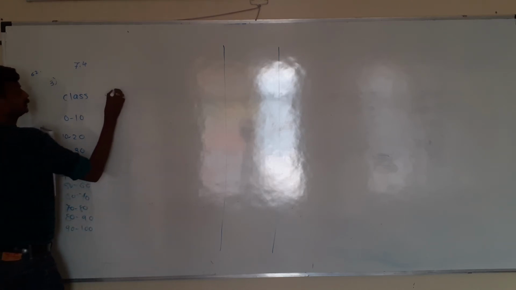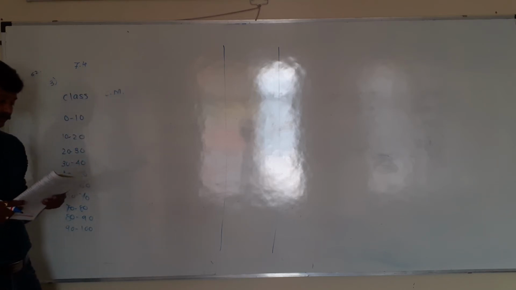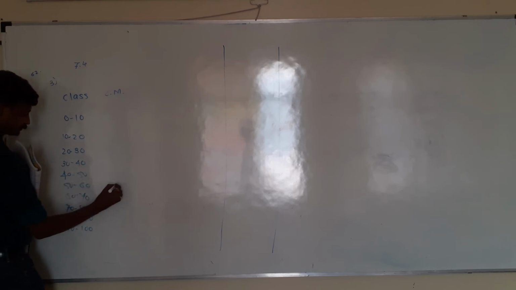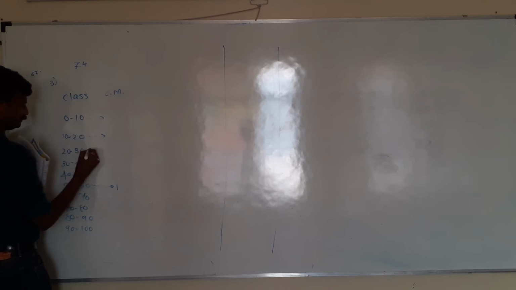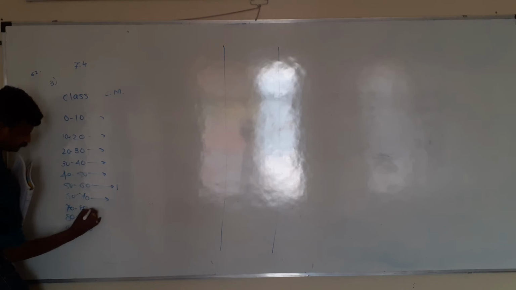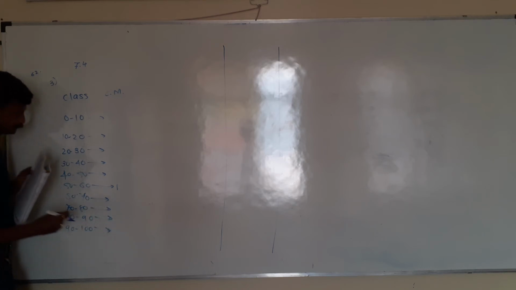Then the class mark, CM. Okay, so the first number is 55. 55 will come in this range. So I will mention it here, so we can easily understand the tally marks, which group gets which tally marks.